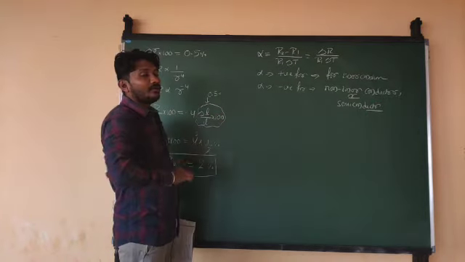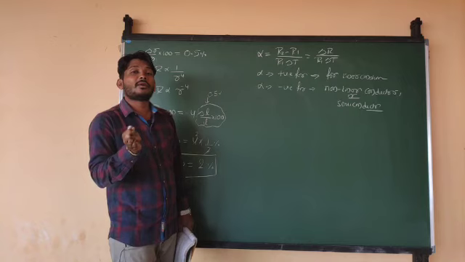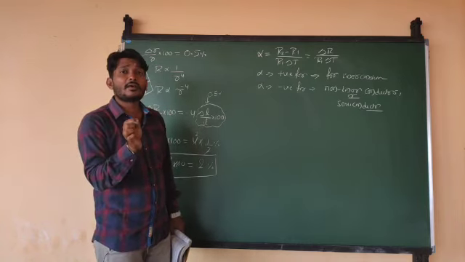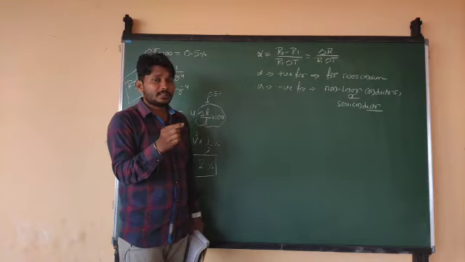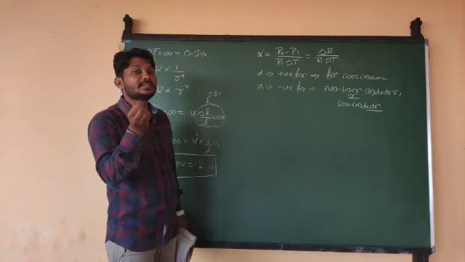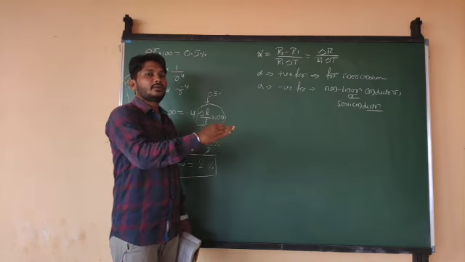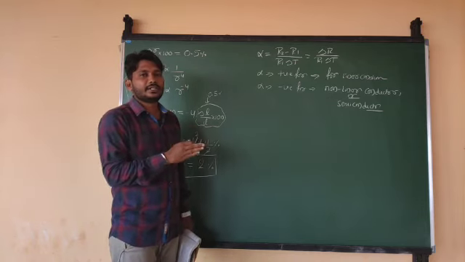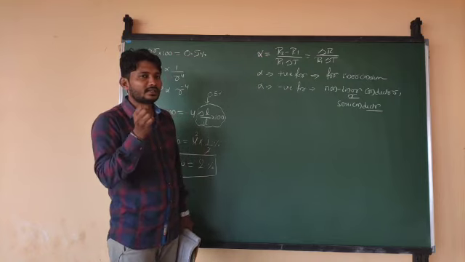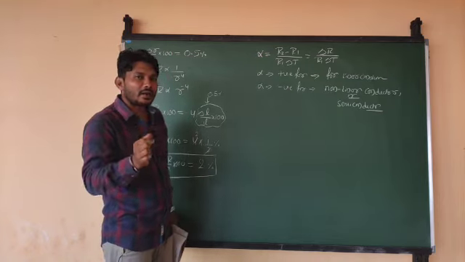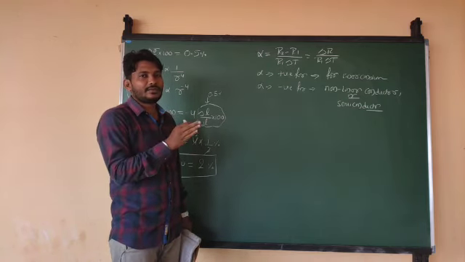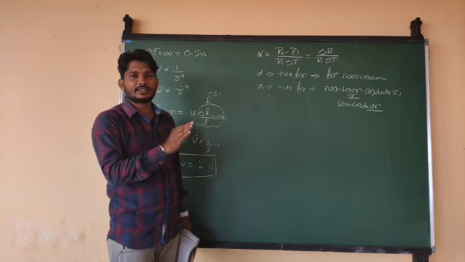Okay, so this alpha value is very small for manganese wire. So remember one point: the alpha value is very small for manganese wire. For that purpose, in most experimental considerations, we use manganese wire. In future we will study the Wheatstone bridge network and potentiometer. In all that equipment we use manganese wire. The purpose is that it is almost independent of temperature. As the temperature increases, resistivity increases, or resistance increases, you know the thing.